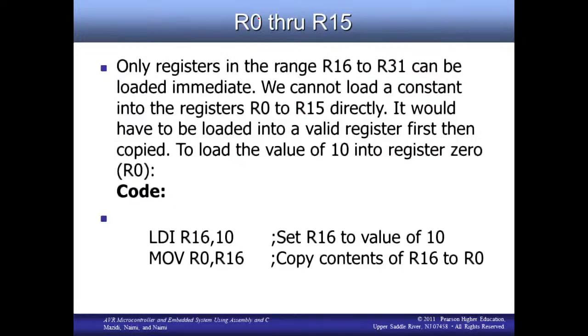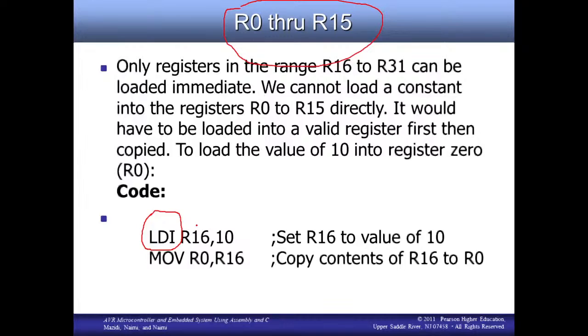Here we were talking yesterday that if you want to transfer some immediate value to registers R0 to R15, you cannot use LDI, because while using the LDI instruction there is a restriction that you can only use the registers R16 to R31. But it doesn't mean that you cannot transfer any data to R0 to R15.